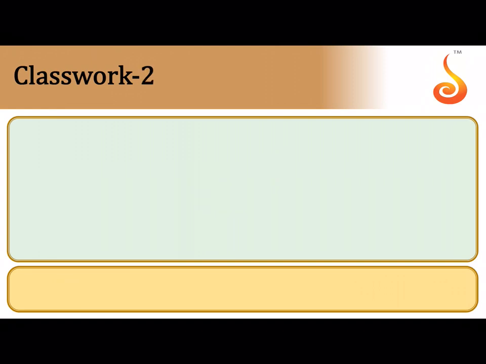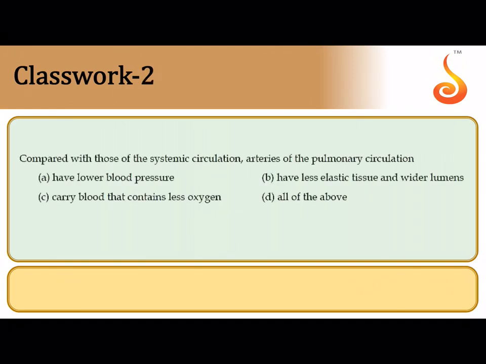Compared with those of systemic circulation, arteries of pulmonary circulation have a lower blood pressure, correct? They have less elastic tissue and wider lumens. They carry blood that contains less oxygen.